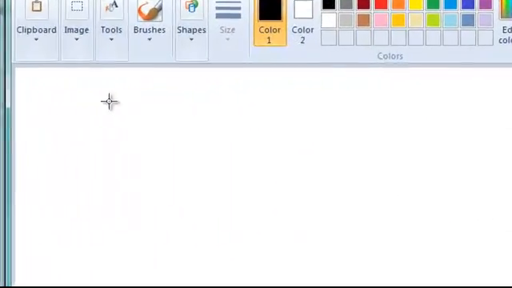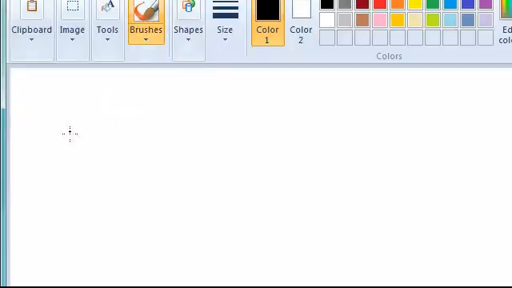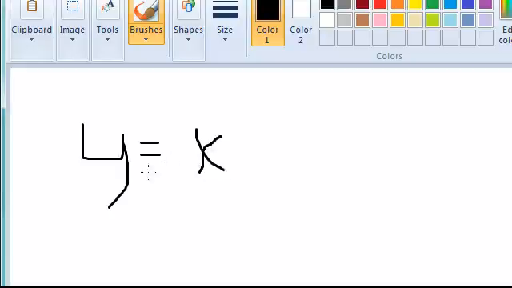And let's write this one now. So we have y equals x to the 0.35 power. And even with decimal exponents, this still works.